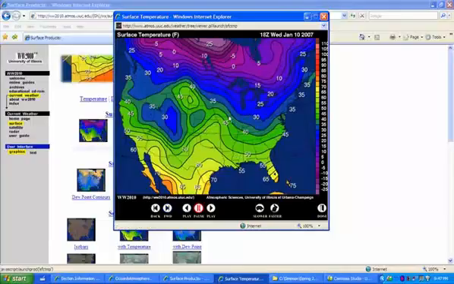At 18Z today, the temperature was right about 40 degrees. There's the 40-degree isotherm line. So if we use persistence forecasting, we would say the temperature will be about 40 degrees tomorrow. Again, unless there's cloud cover, which would lower the temperature, and unless we had the passage of a cold front.